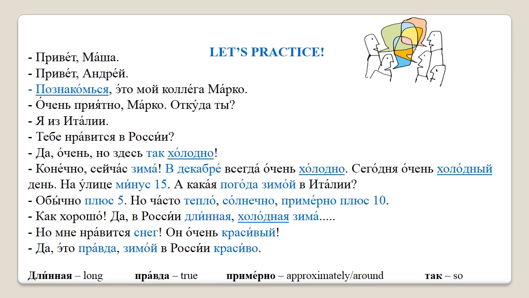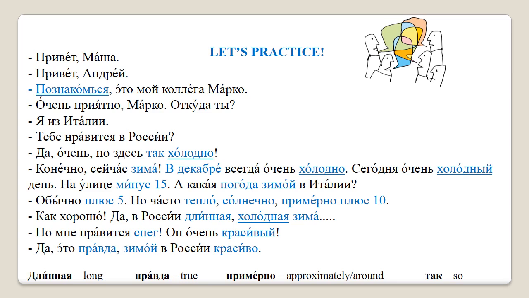It's minus 15 outside. And what kind of weather is there in Italy in winter? Usually 5 degrees above zero. But often it's warm, sunny, approximately 10 degrees above zero. How nice. Yes, there's a long, cold winter in Russia. But I really like snow. It's so beautiful. Yes, it's true. It is very beautiful in Russia in winter.